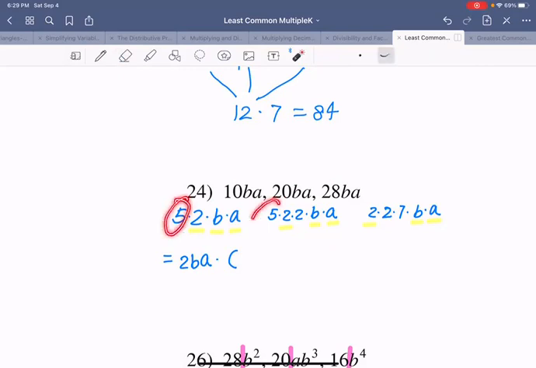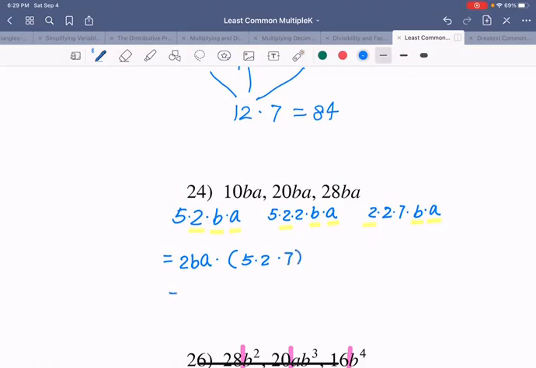So this 5 and this 5, you will choose just one of them. And this 2 and this 2, you will pick just one of them. And 7 you have to include. Okay?